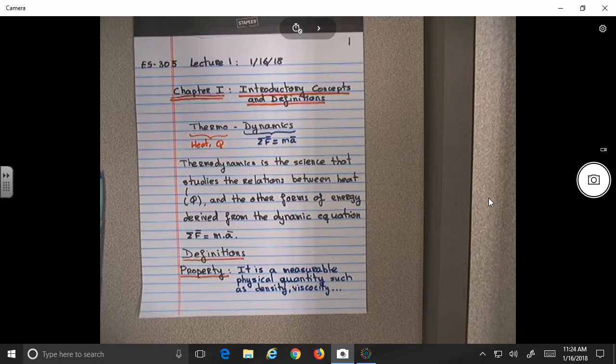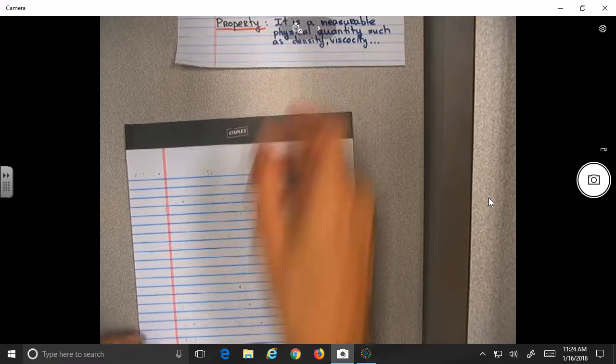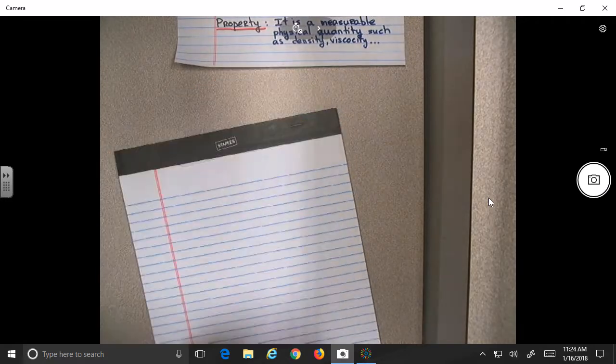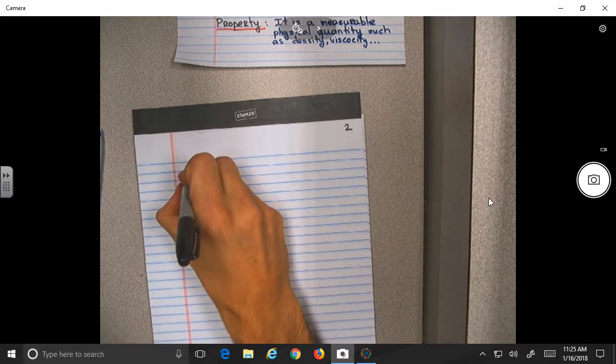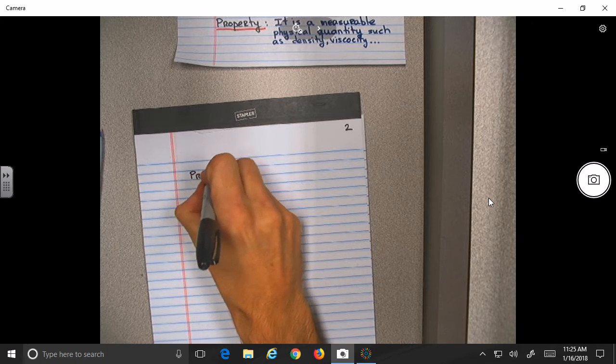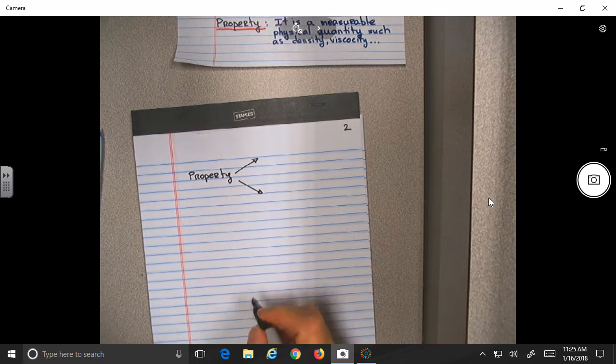So when I do this, I'm going to add a couple more things before we go to what is a substance. So basically, a property is a physical characteristics that can be measured, okay? So this is our first page. Okay, so when you look at a property, we can have two different kinds of properties.